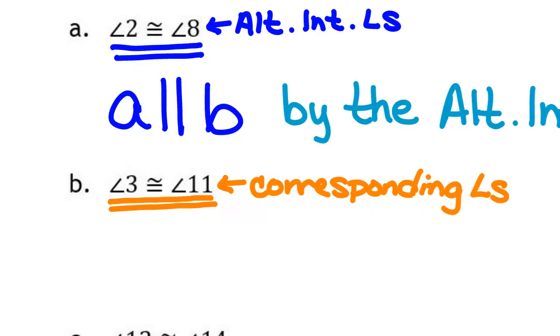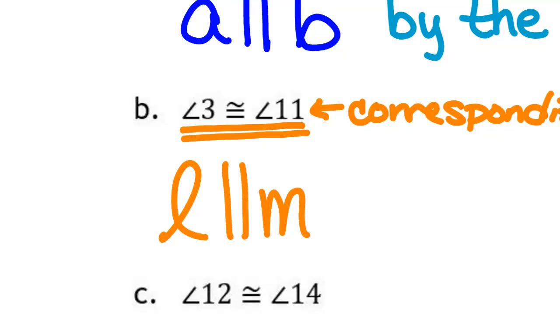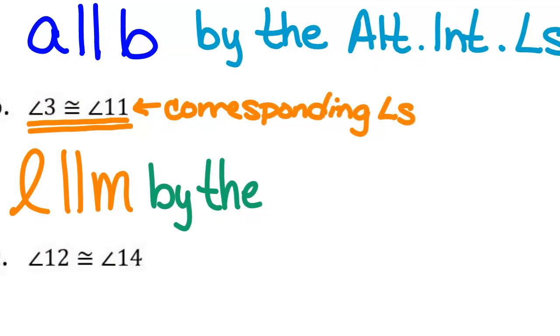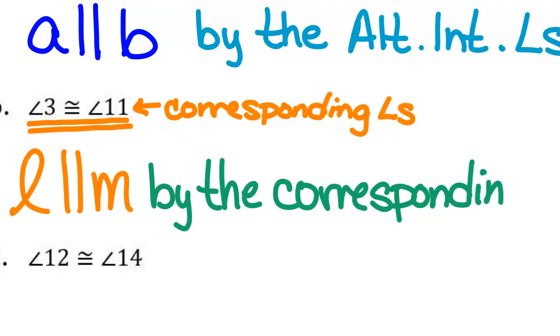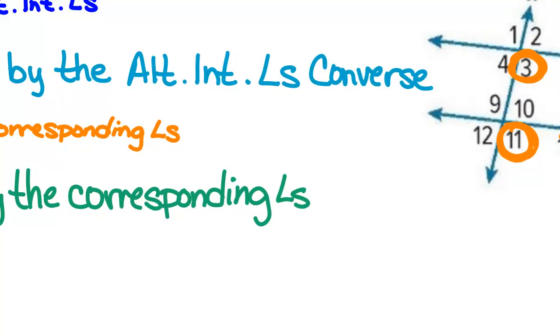So those two corresponding angles are congruent, which means which two lines would have to be parallel? L and M. L is parallel to M. By the, what kind of angles were they? Corresponding angles. So by the corresponding angles converse.